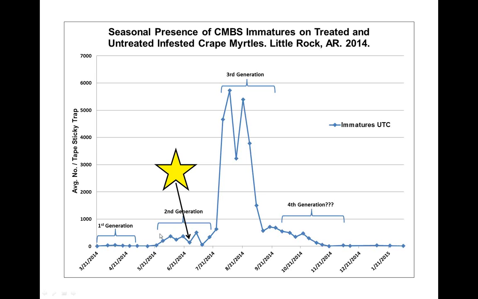When we saw an uptick, we said, yeah, let's make our application here. Maybe the application should have been delayed until we were at the peak of the second generation. We put it out, it goes up into the tree, and then you get an effect on this big peak. Well, there's two other factors that need to be considered.